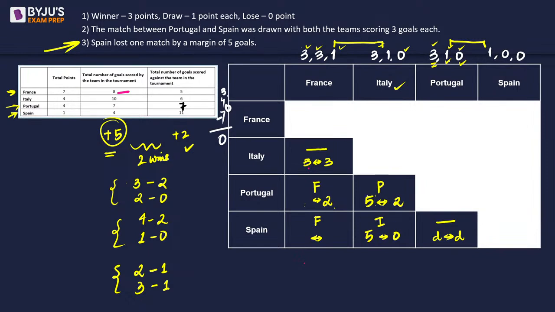And the number of goals against Portugal is also going to be 7. So 5 plus 2, 5 plus 2 जो है वो हमारे पास नहीं हो सकता, राइट? क्योंकि अगर हम देखो, दिस इज अगेंस्ट पोर्टुगल विच इज गोइंग टू बी दिस, राइट? तो हम लोग the match between Portugal and Spain was drawn.